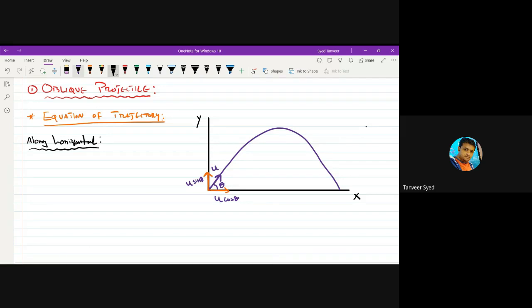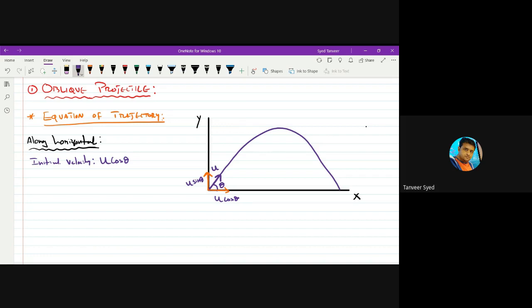Okay, what is the velocity along horizontal direction? Initial velocity. How much? u cos theta. This u cos theta, it is along horizontal.